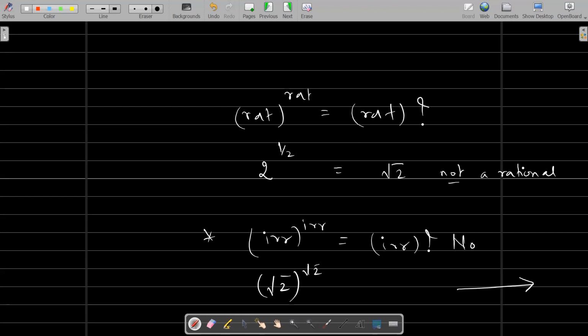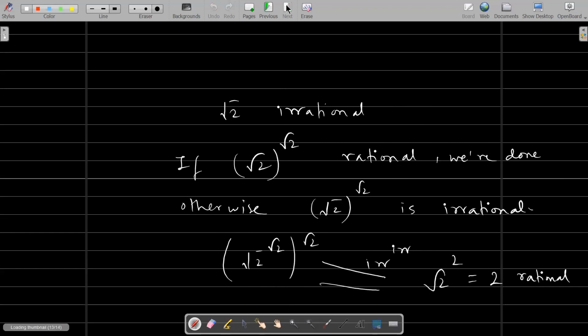But if it is irrational, then root 2 raised to root 2, whole raised to root 2, will be root 2 squared. So that is 2. That's rational. Right, good. Sir, it means irrational power irrational may or may not be irrational, right? Right, good.